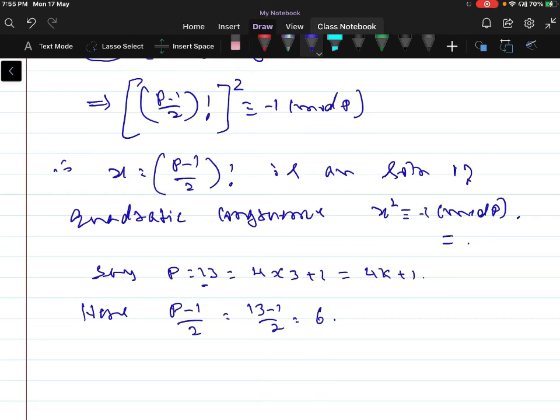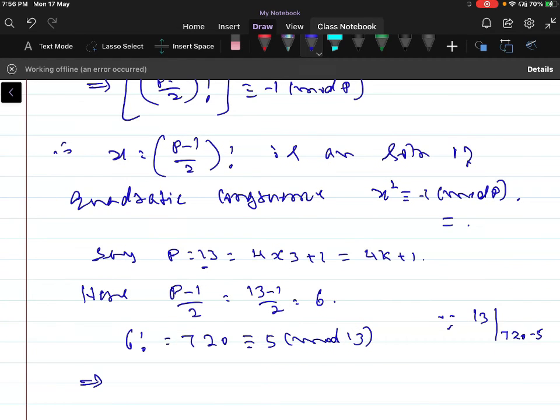So it is easy to see that 6 factorial can be written as 720. 720 is congruent to 5 modulo 13, since 13 divides 720 minus 5. This implies 6 factorial is congruent to 5 modulo 13.